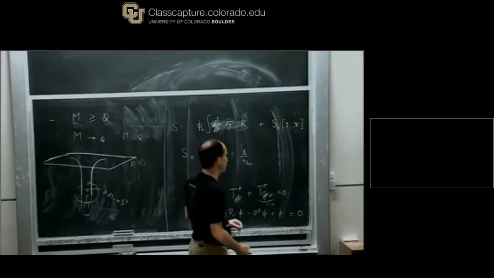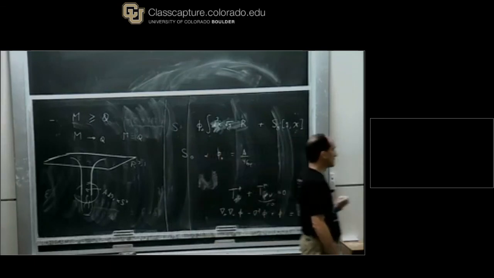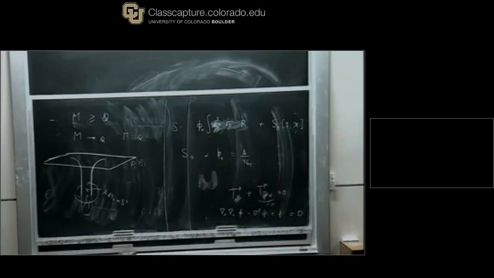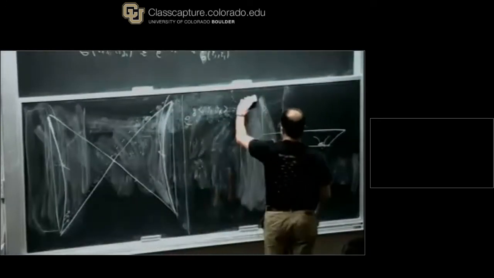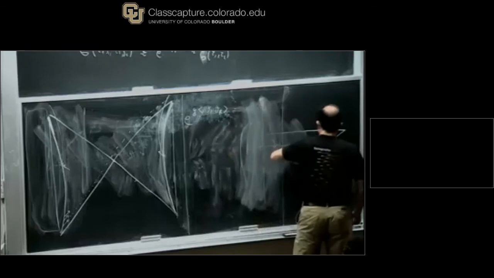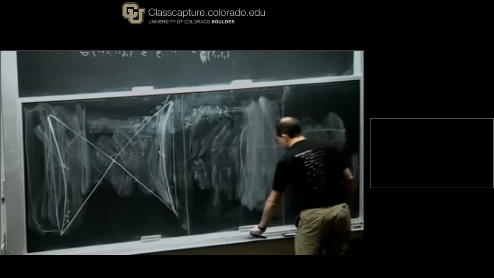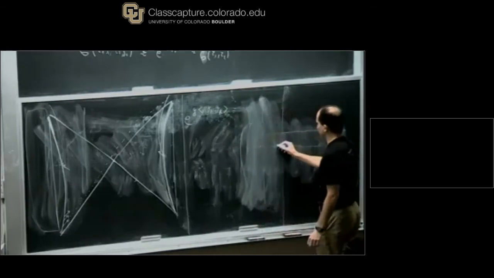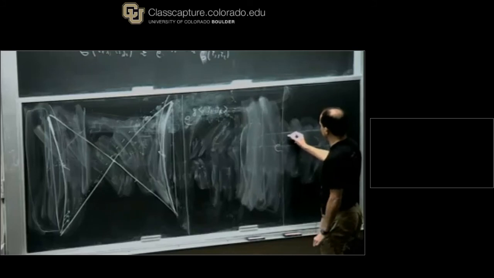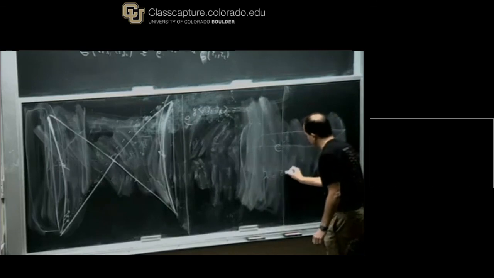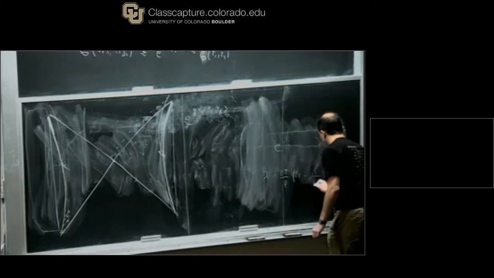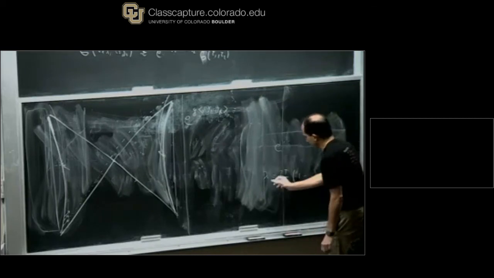There is one feature about this Lyapunov exponent that I have not emphasized too much: lambda is 2 pi over beta, and then there are corrections that go like 1 over beta J. This is the SYK answer.